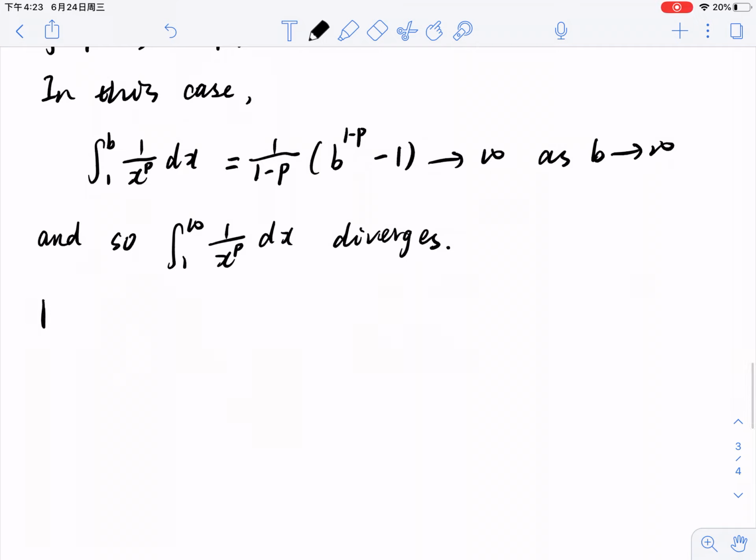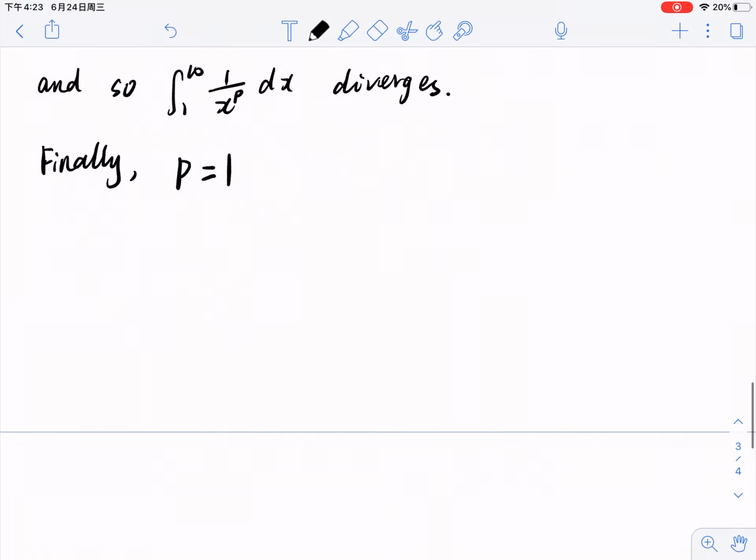Finally, we consider the case p is equal to 1. So the integral of 1 over x, since p is 1, from 1 to b dx is equal to ln of the absolute value of x, from 1 to b. So this is ln b, which is positive, right?